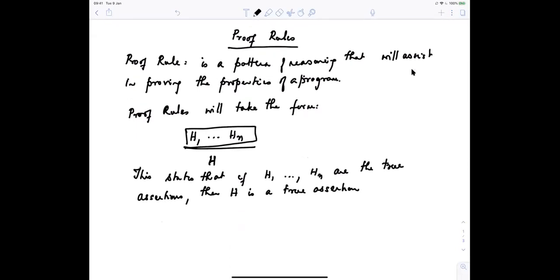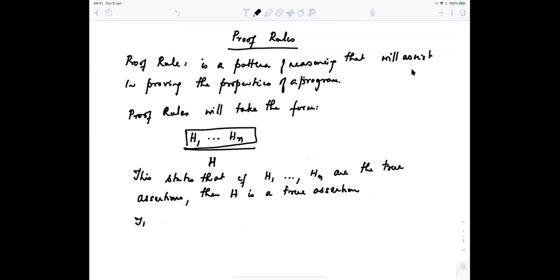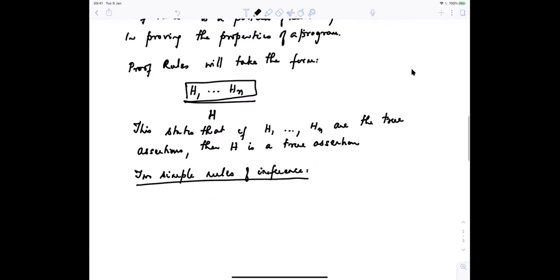Okay? Let us look at two simple rules of inference. So we'll start with rules of inference for each one of the types of statements. Let us take a simple form.